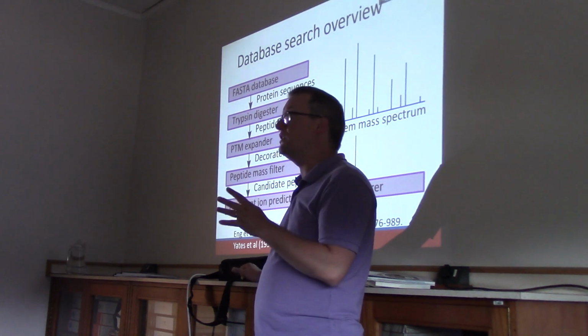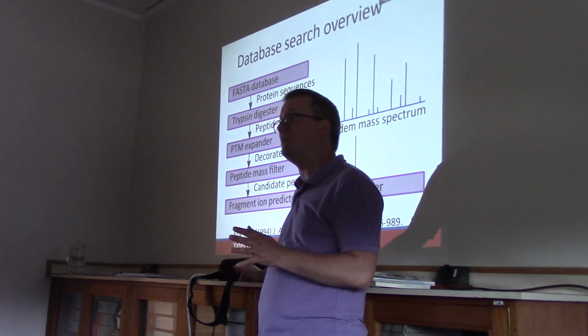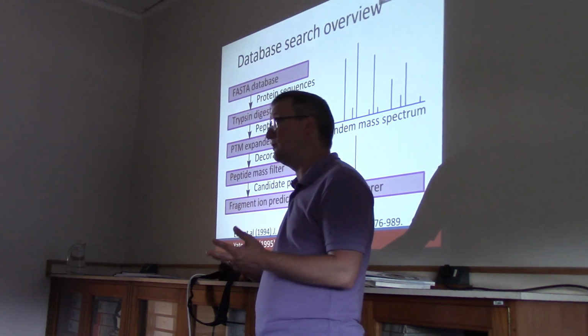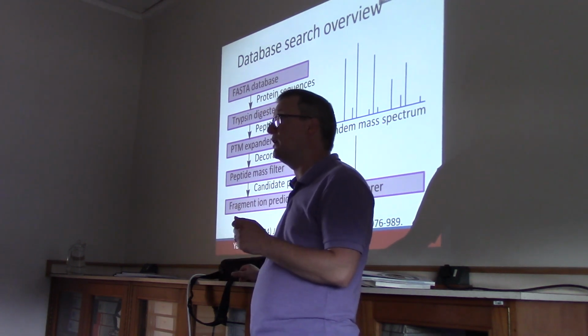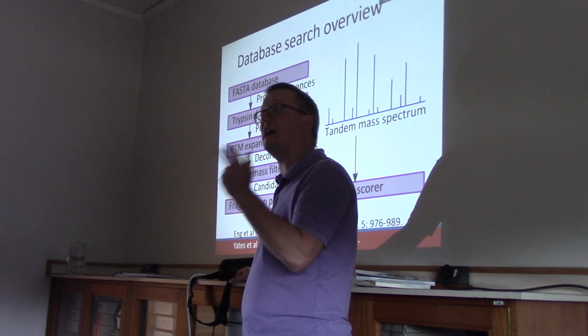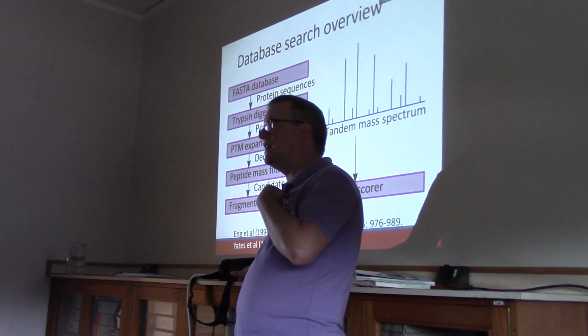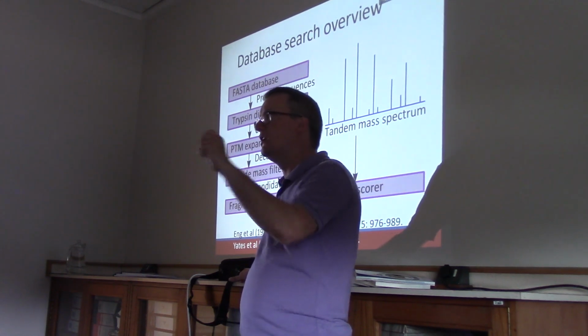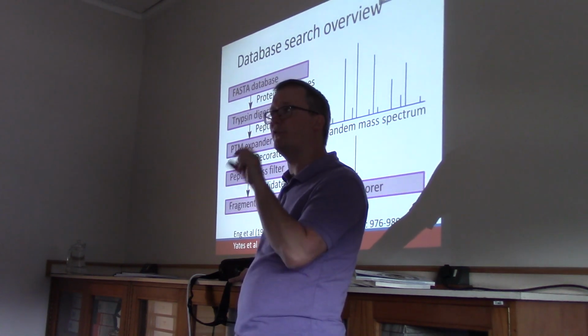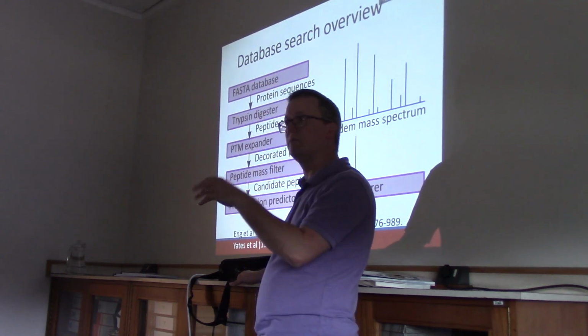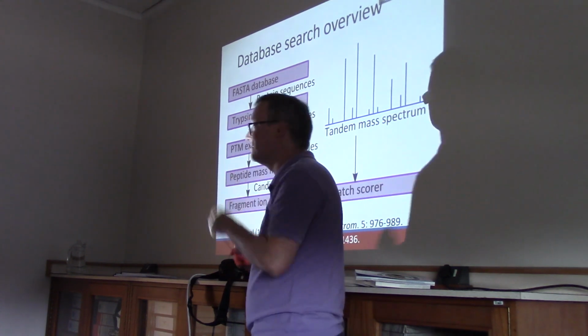Now, I would note that one of the most popular ones that people look for is phosphorylation. Phosphorylation can appear on serines and threonines and tyrosines, and it adds a mass of 80 to create a different mass for phosphoserine than for serine, or a different mass for phosphothreonine versus threonine. The mass difference is 80 in both those cases.